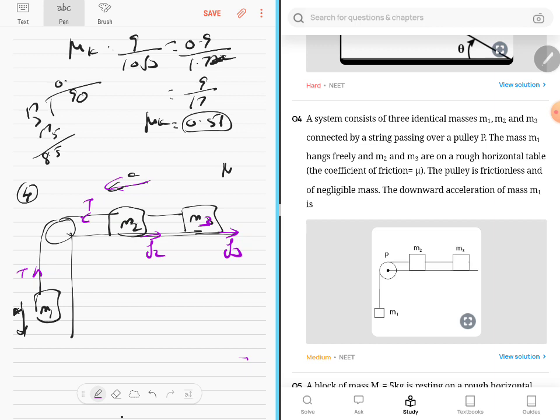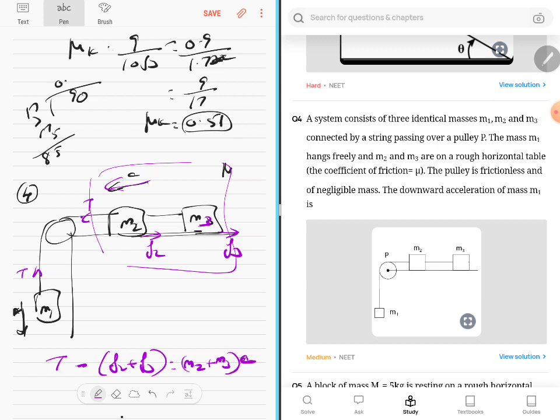This is the way you draw the free body diagram. On resolving the one on the right, m2 plus m3, there will be the frictional force, and there's a tension T on the left. Since the acceleration is going to be on the left, T is greater, so T minus (F2 plus F3) is responsible for an acceleration of (m2 plus m3) into a.